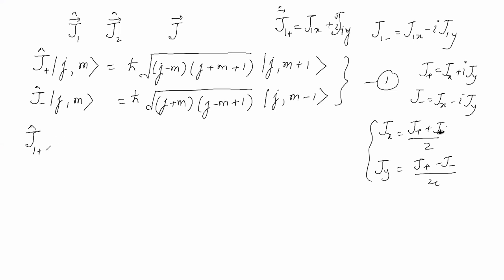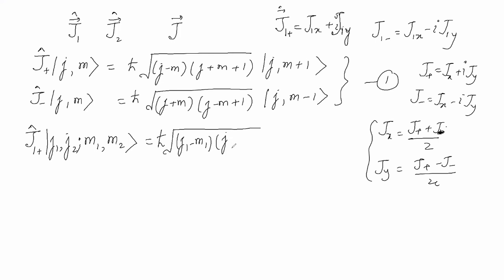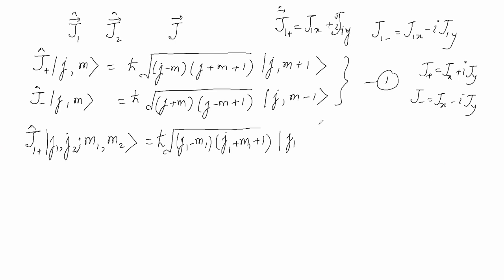Now, if I have J1 plus, then the ket |J1, J2, M1, M2> gives H cross square root of (J1 minus M1)(J1 plus M1 plus 1) |J1, J2, M1 plus 1, M2>.